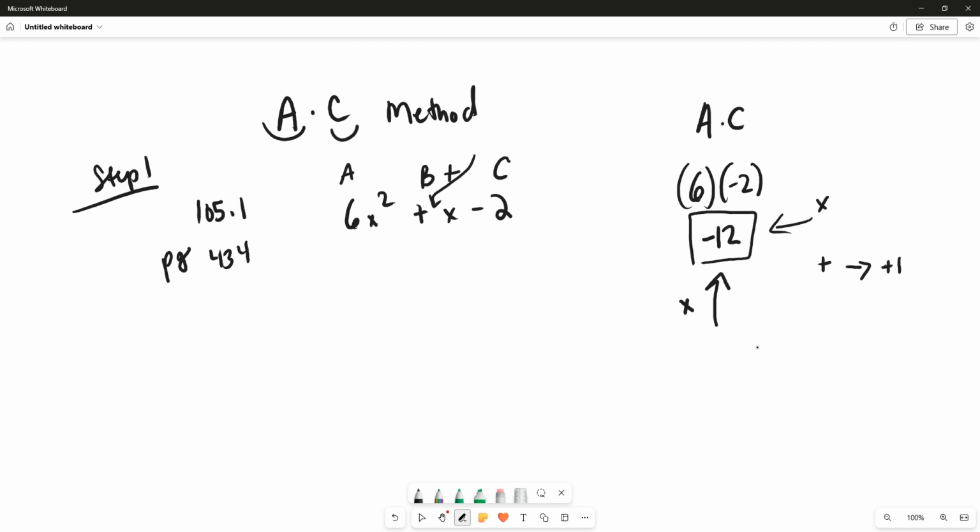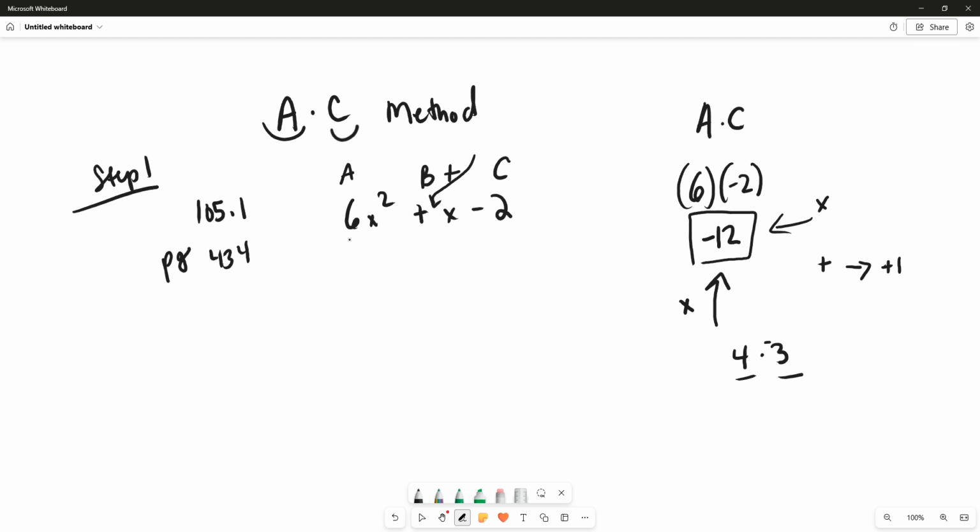All right, so if we did 4 and 3, then we could multiply a positive 4 and a negative 3 together, and that would give us a negative 12 and a positive 1.